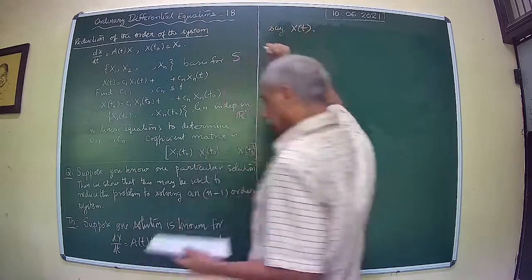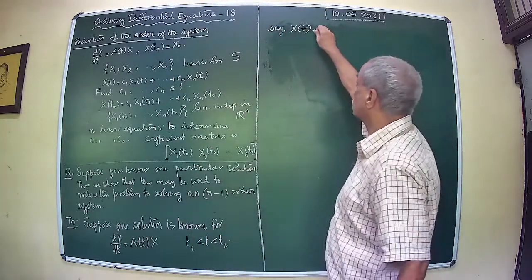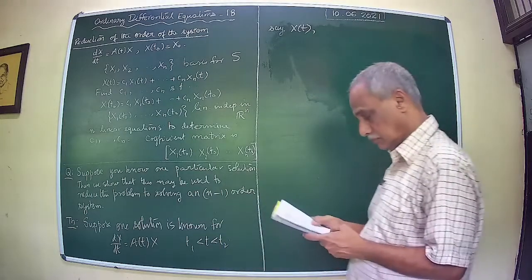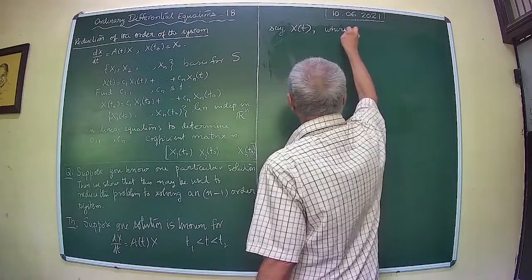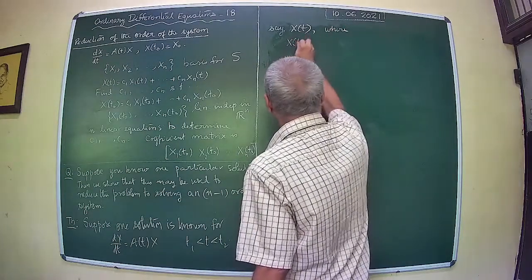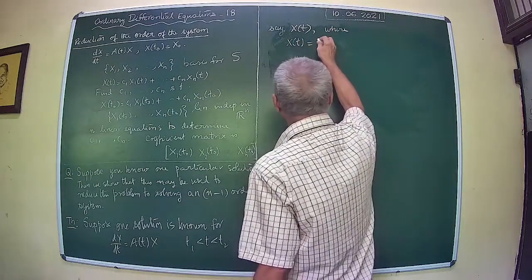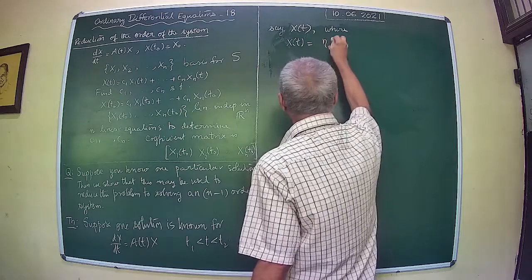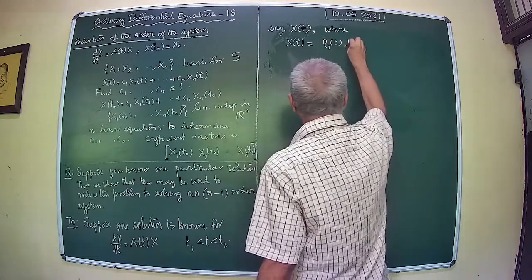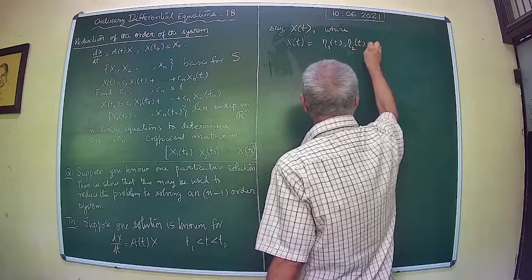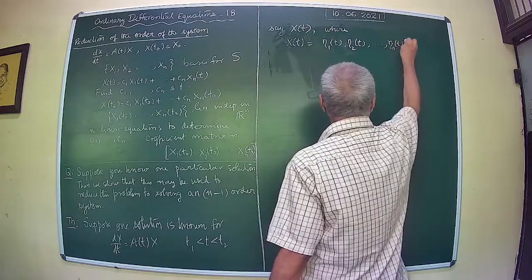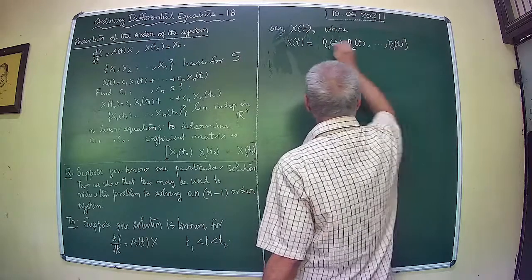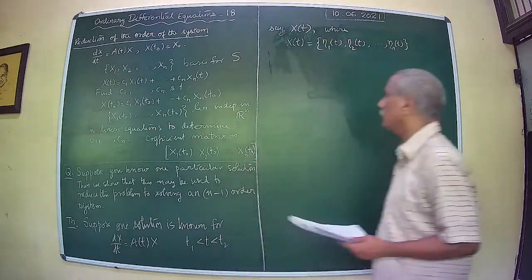Say x(t), where x(t) = (eta1(t), eta2(t), ..., etan(t)); these are the components of the solution.